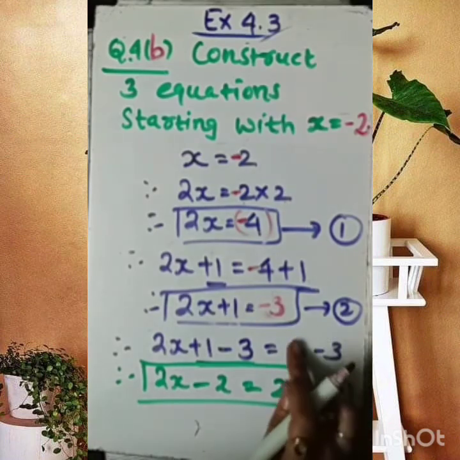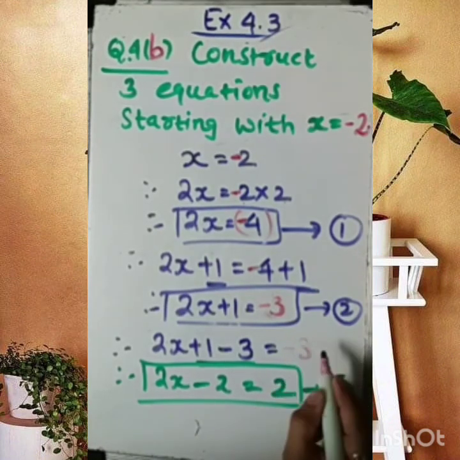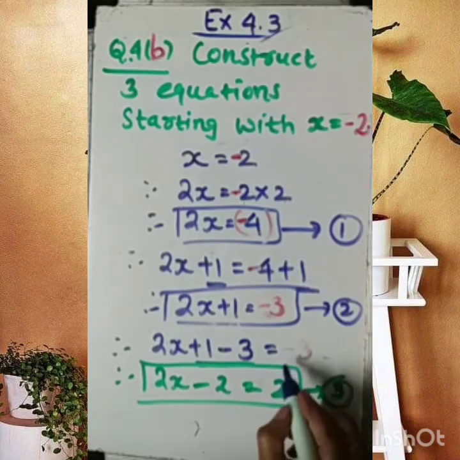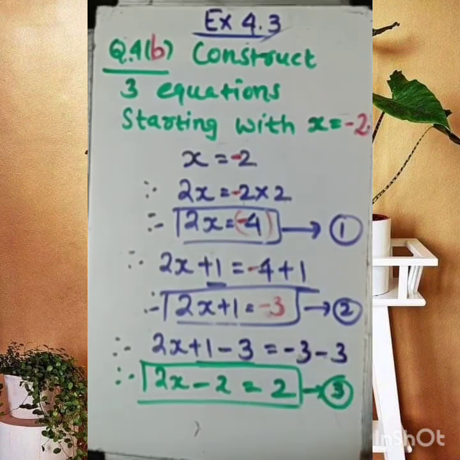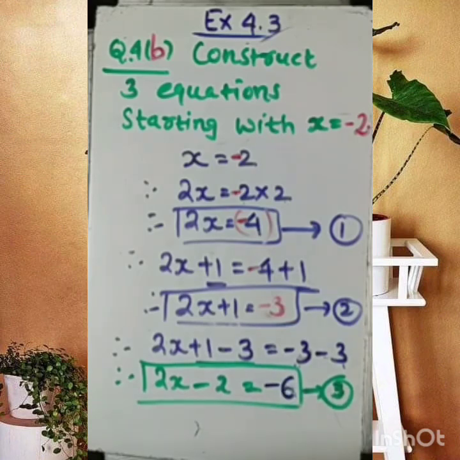This was minus 3 already there, and beside that I am subtracting 3 from there. You know, dear students, same sign addition. So minus 3 will become minus 6. Okay. So dear student, the third equation which we are having is 2x minus 2 equal to minus 6. This full exercise is complete over here.